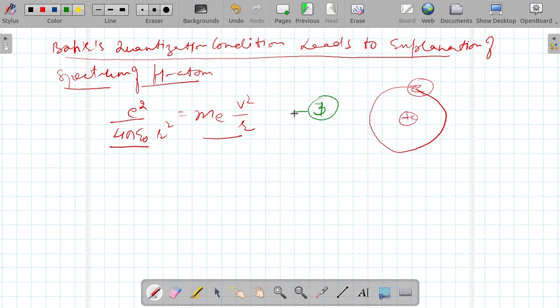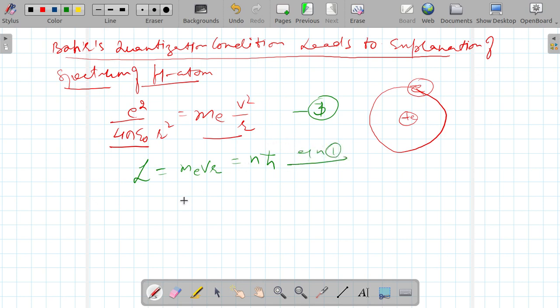Now, Bohr's postulate suggests that angular momentum, equal to me v r, must be an integral multiple of h cross, n h cross.